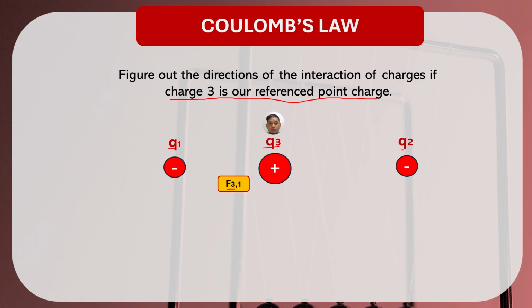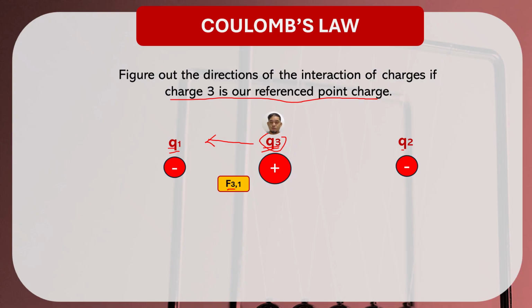Let's study the interaction between charge 3 and charge 1. Charge 3 will feel the force, and charge 1 will have to pull or push. They are both unlike signs, so charge 1 will have to pull the proton towards charge 1.